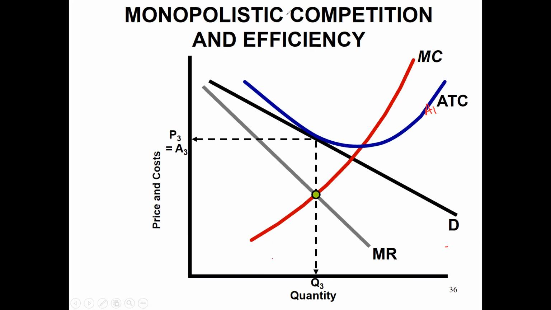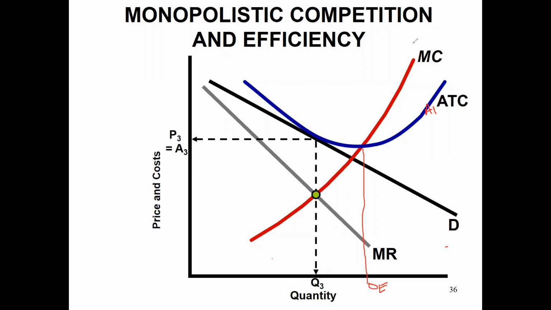Just in the long run, from monopolistically competitive, where MC crosses ATC, if I take that down, I have excess capacity. Excess capacity is I could produce at QE if I was producing at productively efficient, but I am producing at Q3.